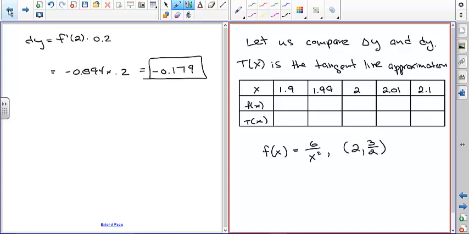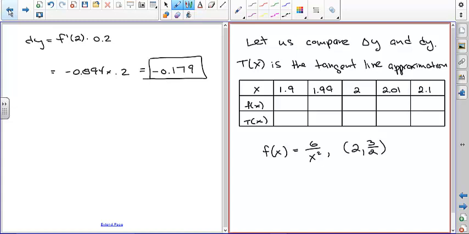This problem, I think there's one like this for homework. You basically evaluate the function at 2, and then you'd evaluate the function at 1.99 and 1.9, and you'd calculate what this is. So that's the value of the function, and that is the tangent line approximation.